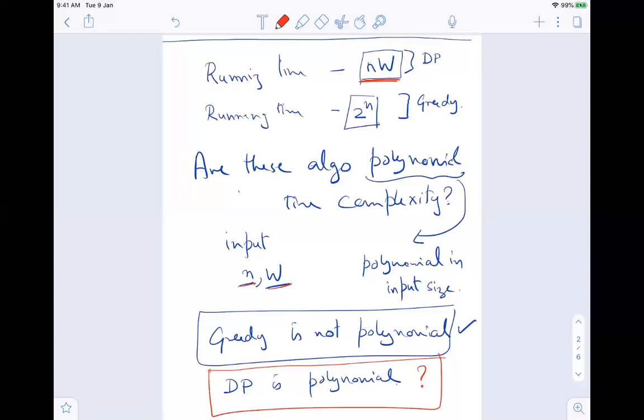Now, this is a very subtle place. The inputs are n and W. And everywhere I'm saying it's polynomial in the input size. Right? So what is the input size?